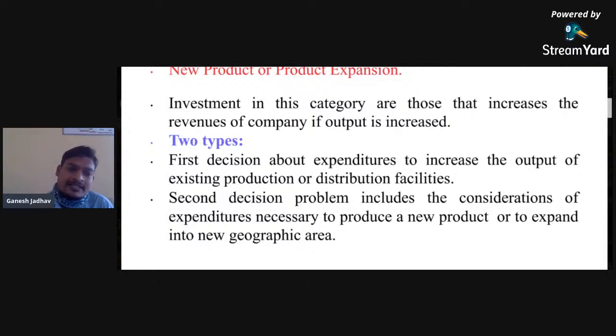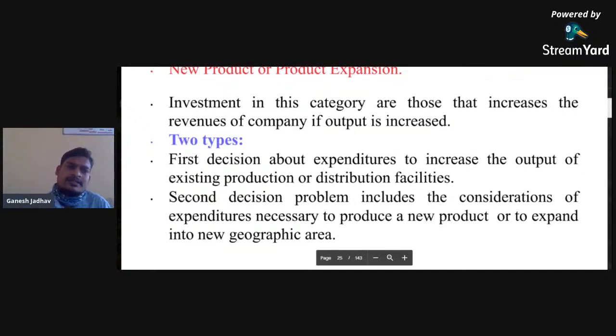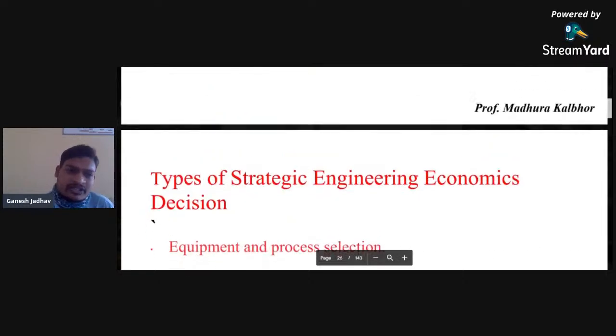And the second one: as per the new geographical area, if this particular area has a huge requirement for that product, we are required to take the decision about that new product also.